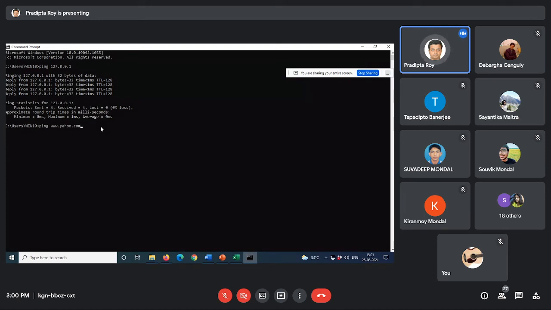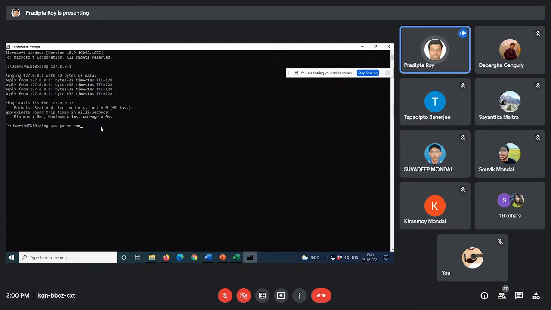Then what will happen? Our ISP has a DNS server. That DNS server maintains a mapping table, the DNS table. From the DNS table, the IP address of yahoo.com will be retrieved, and ultimately the ping command is executed on that IP address, and it will provide a result.